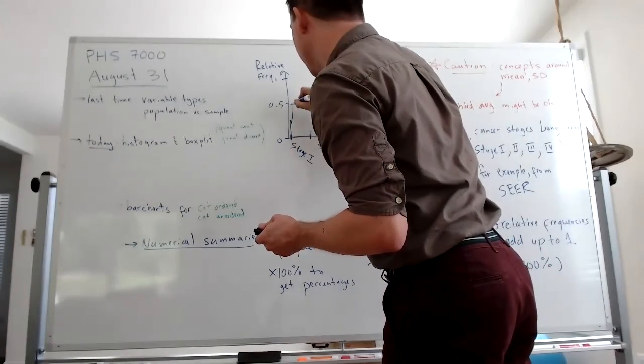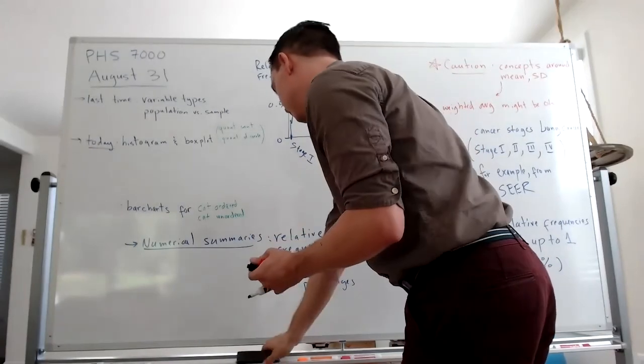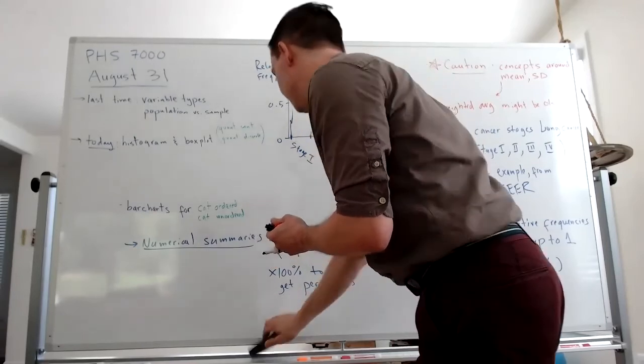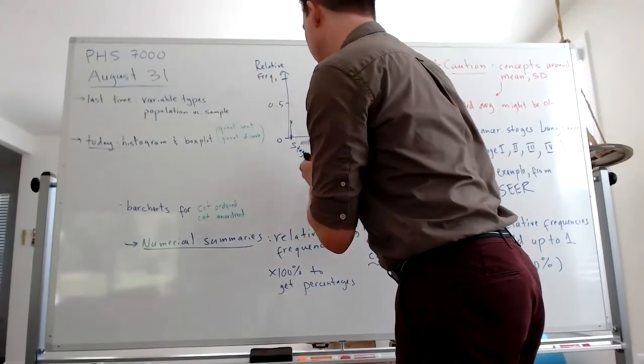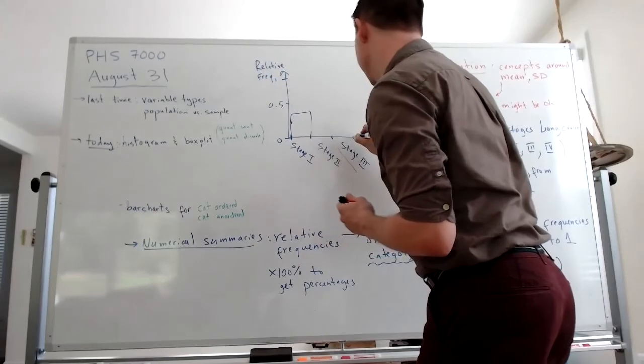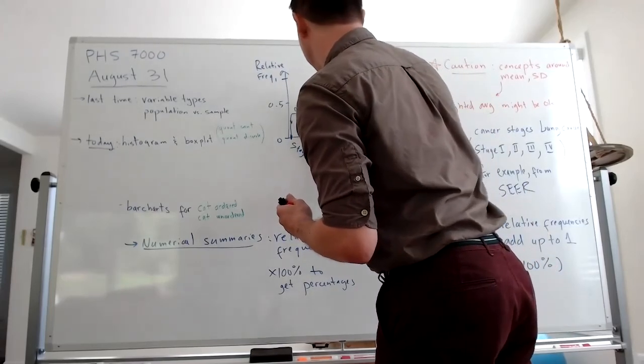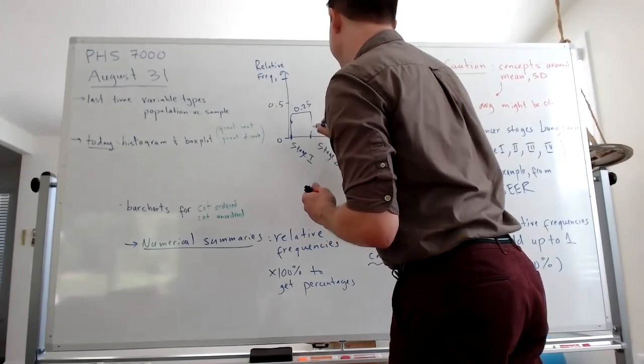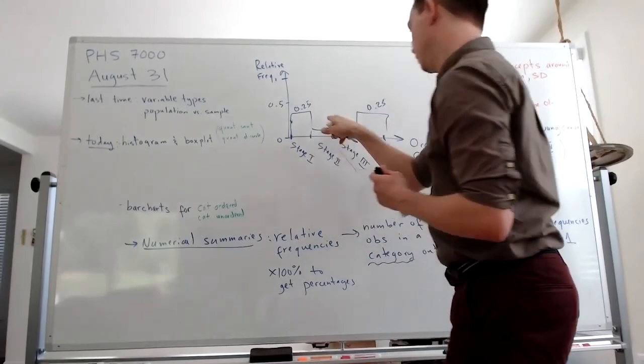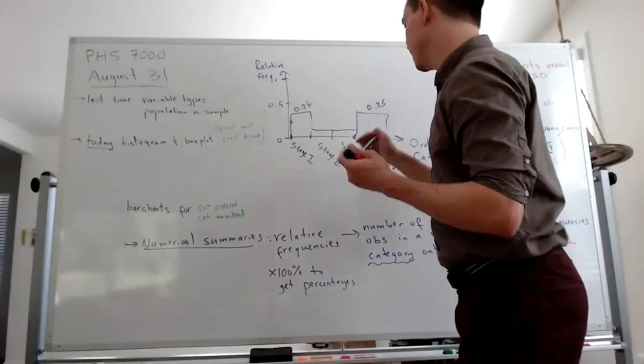We have maybe 25% here, 25% here. And then 50% split between these two.